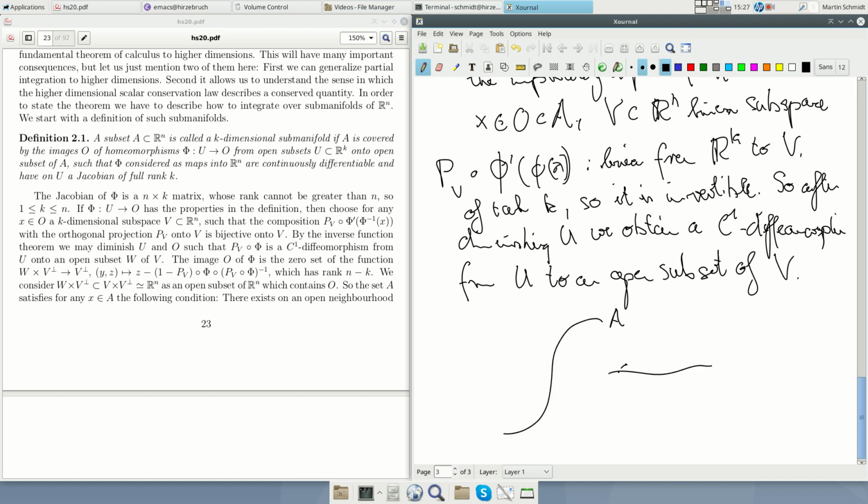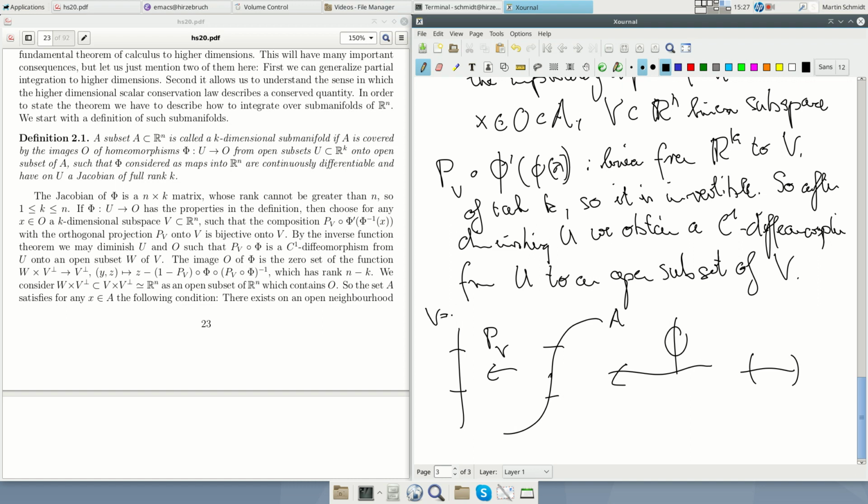We have here this map phi. We have here some point. We have here some interval. Let's take here the projection which just projects to this interval. P_V, so V is just spanned by the second unit vector.